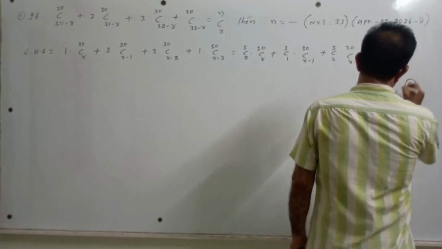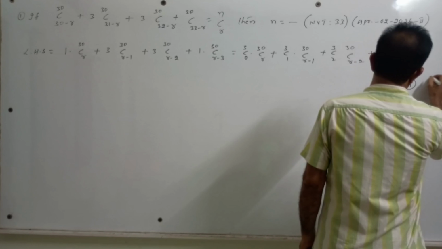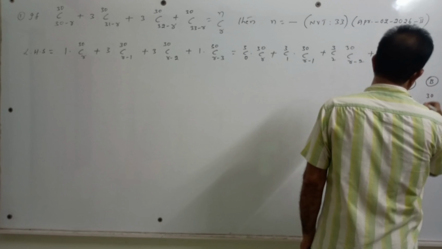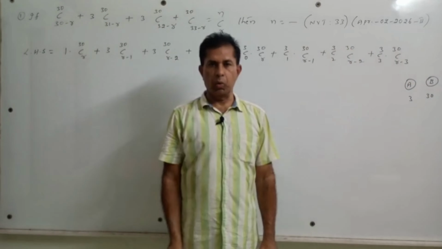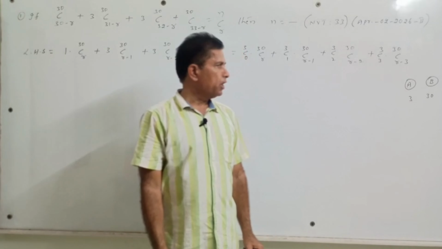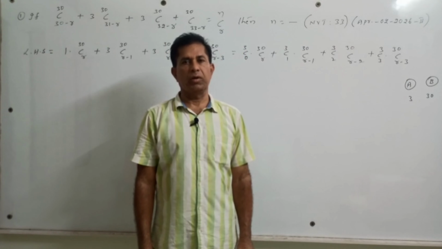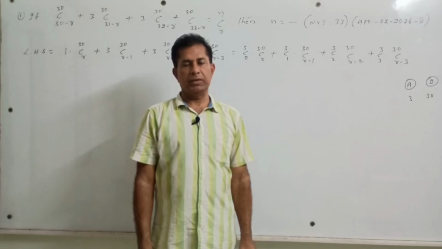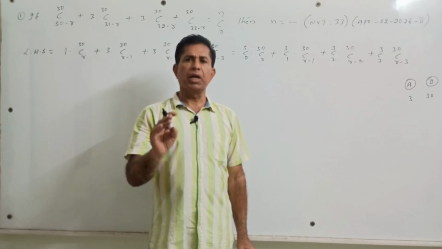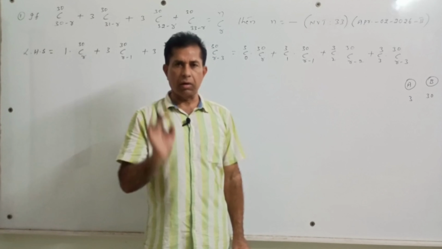Now we consider group A containing 3 dissimilar objects and group B containing 30 dissimilar objects. To get the given series, I am calculating the total number of selections, each selection containing r objects.